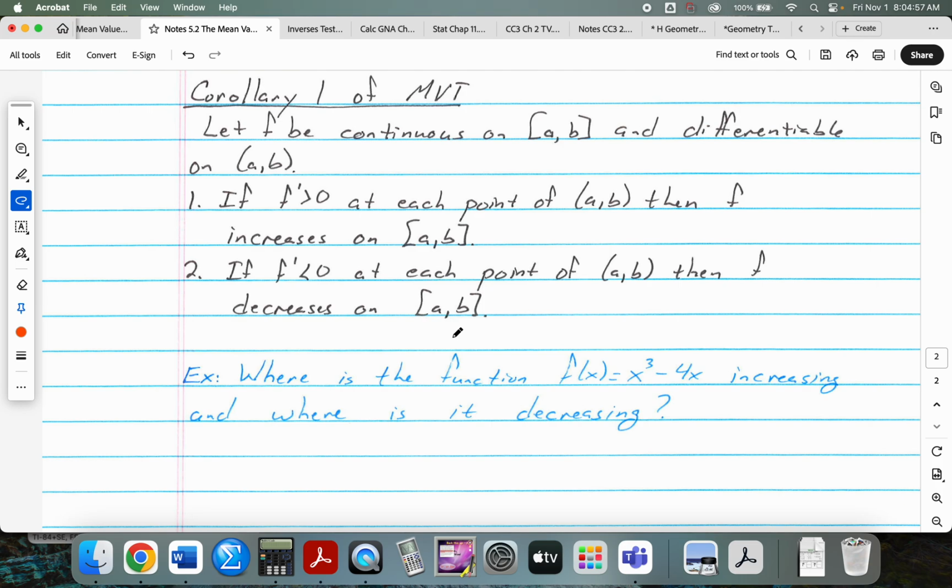Let me just point out one thing. For us, increasing and decreasing is always on an interval. Now, occasionally people will talk about something that's increasing at this point. And what they really mean is any interval that contains this point, it's increasing.